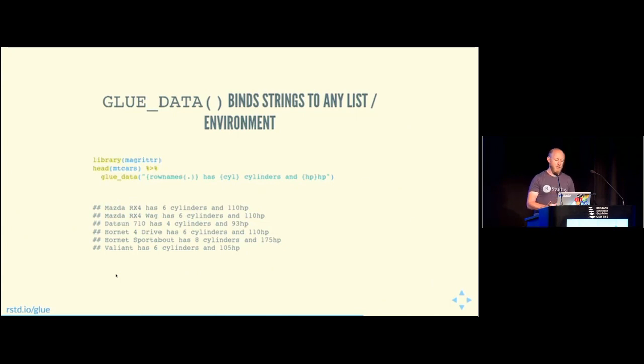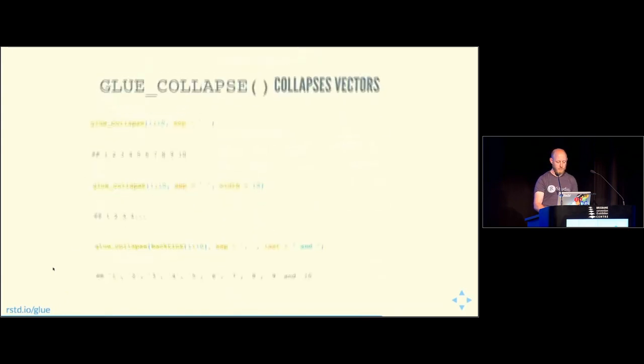A use case here is you can use a data frame, pass it to glue data, and then the code is evaluated in the context of that data frame, which allows you to access the columns of the data frame explicitly, rather than having to subset them. And you can also see the vectorization of all of the glue functions in this example as well.